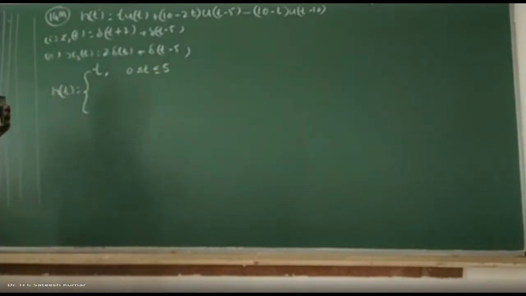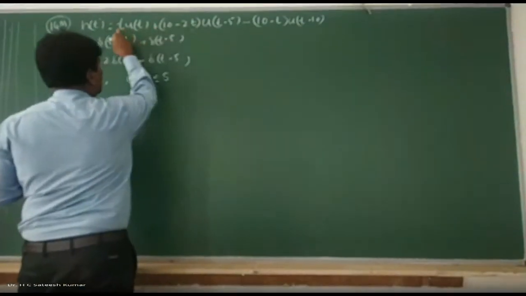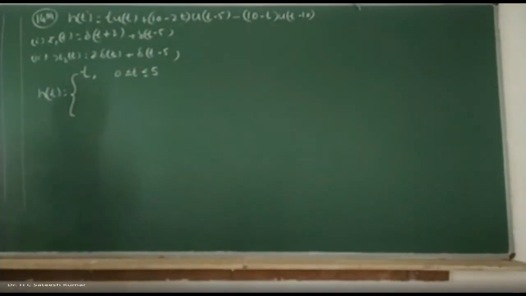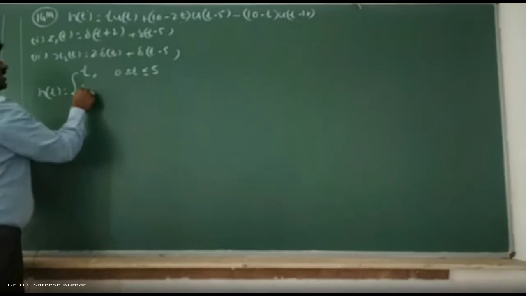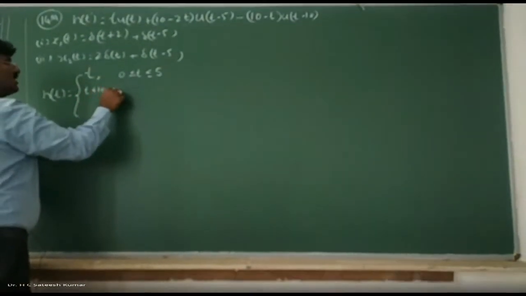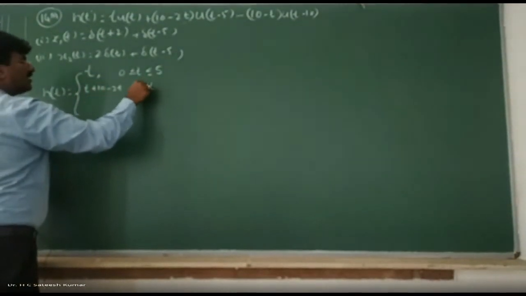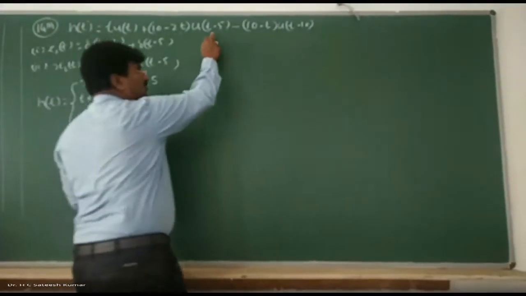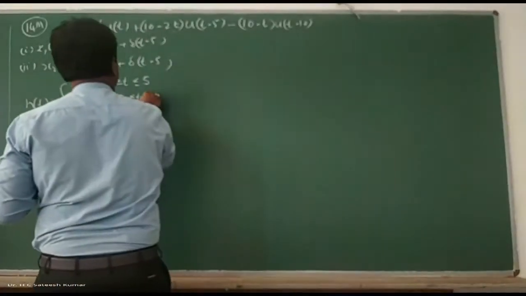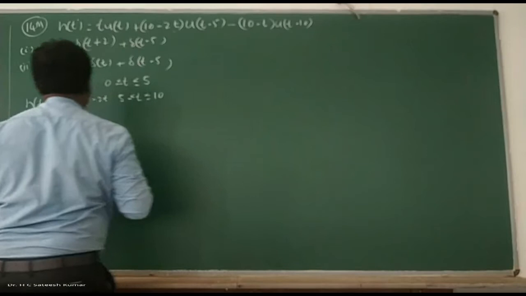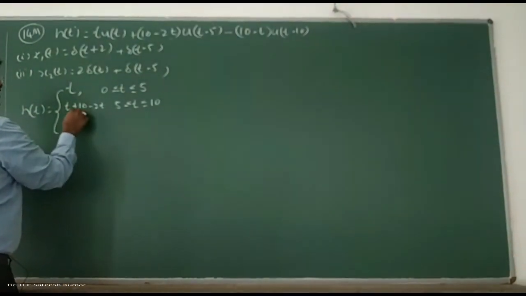At 5, what will happen is this 10 minus 2t is added to this signal. So we have t plus 10 minus 2t. t ranges from where to where? 5 to 10. Which is nothing but equal to 10 minus t.